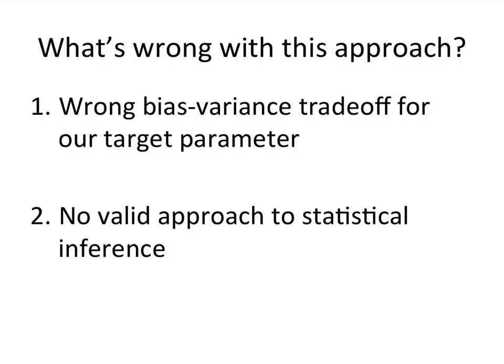The bias will be higher than it should be. It's really not focused on the parameter at all, and as a consequence, the variance is controlled at the expense of the bias.